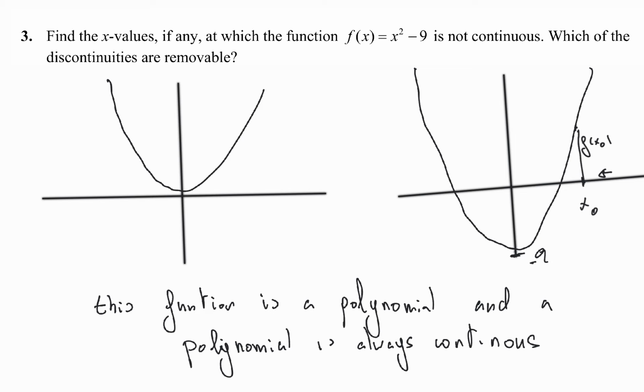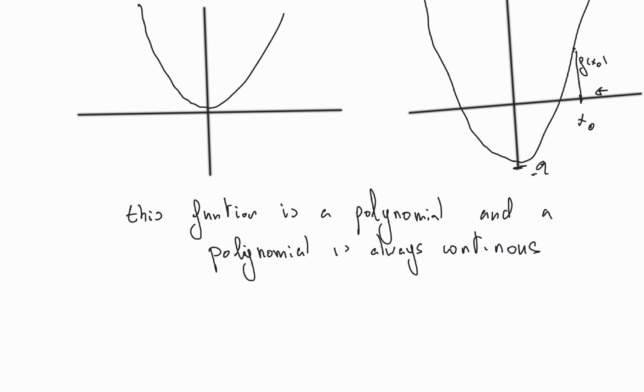The other thing is that a polynomial is always a continuous function. Any polynomial that you write, x cubed plus 3x squared plus 2x plus 3, this function is always continuous.